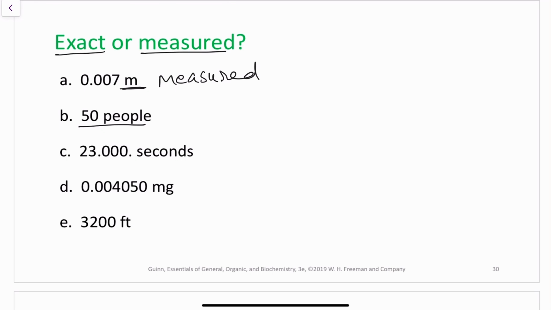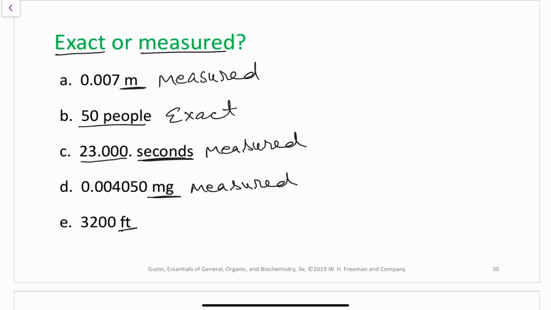It's an exact number of people, so this is exact. 23.00 seconds, this is a metric system unit. You measure something. Measured quantity. Milligrams, measured quantity. Feet, this is an English system of measuring length. This is also a measured quantity.